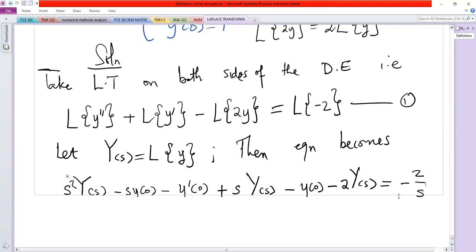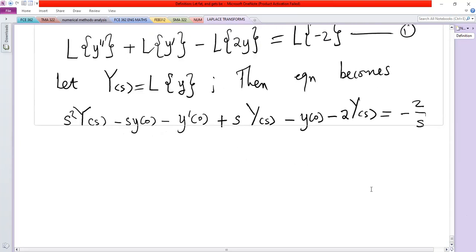Now, we know the value of the function at 0 and its derivative at 0. So this is the same thing as writing s squared capital Y of s, whereas y at 0, we put 2. So 2 times s is minus 2s.